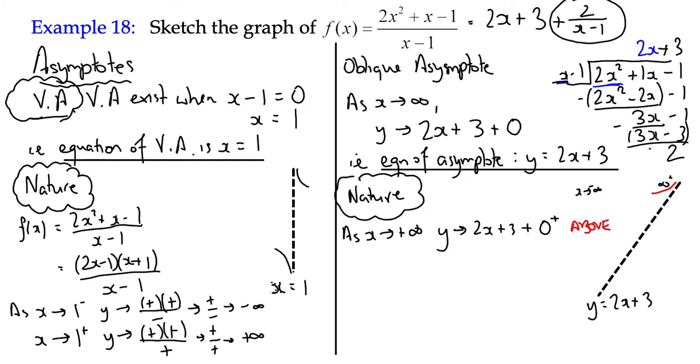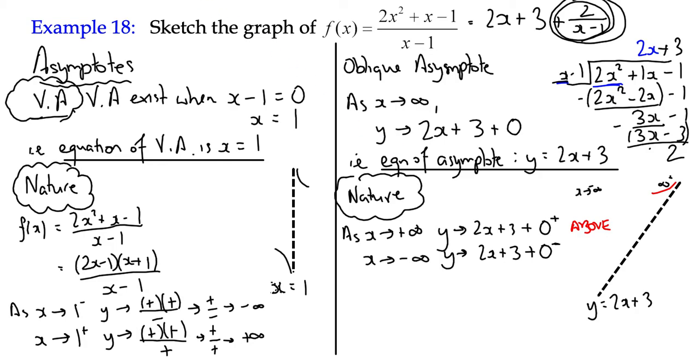And let's check as x tends towards negative infinity. y is still tending towards the line 2x plus 3, but is that 0 positive or negative? Going back to the fraction 2 over x minus 1, if x is negative, then it's going to be heading towards 0, but it will be a negative value, just below 0.